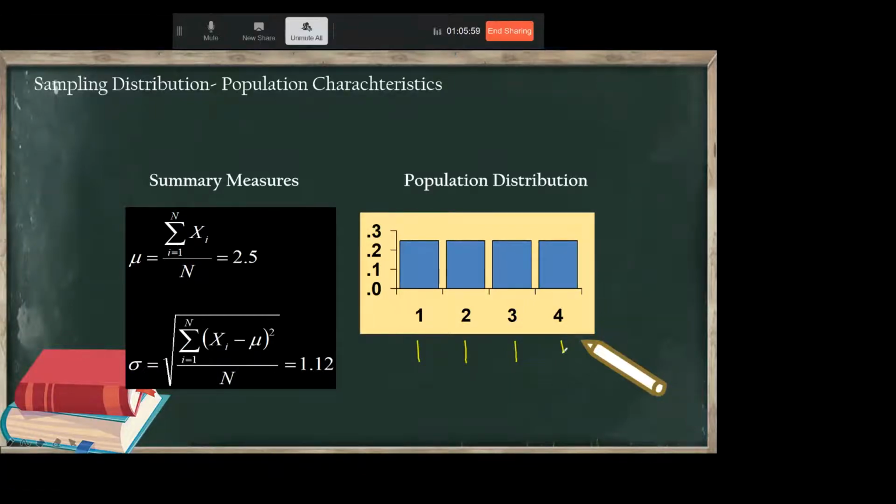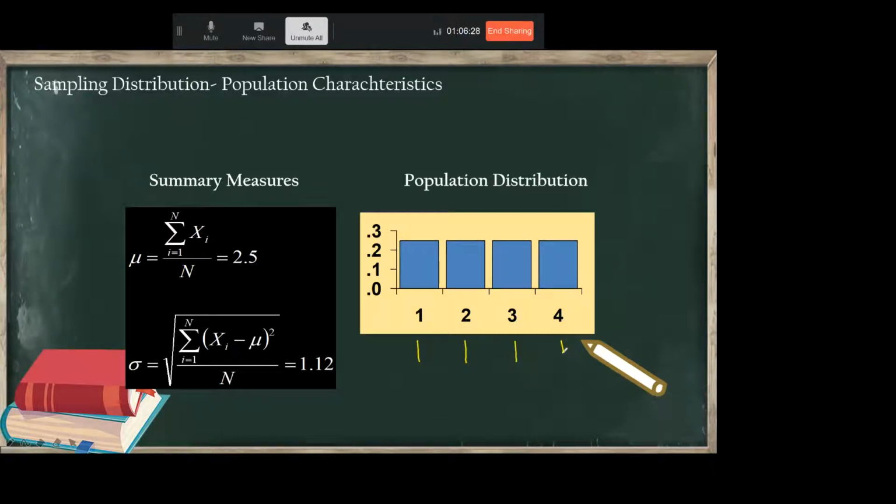Let's take an example. The random variable x is representing the number of errors in a working place, in a company. There are different people, and all of them can make errors, right? For example, I have a company and there are different people working there, and every day they make some mistakes.